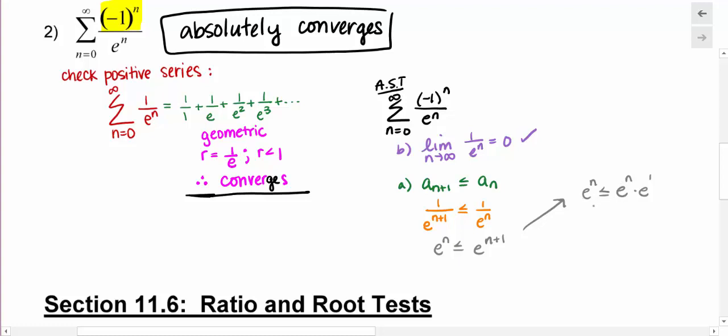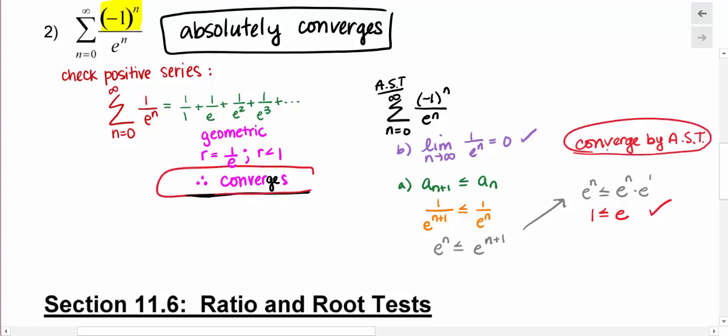So then I can divide both sides by e to the n, and it's saying, is e greater than or equal to 1? Yes, it is, so this would also converge. So what I can see is I got both series to converge, right? The positive plus plus plus plus plus series and the alternating series plus negative plus negative plus negative. So I would say this absolutely converges.